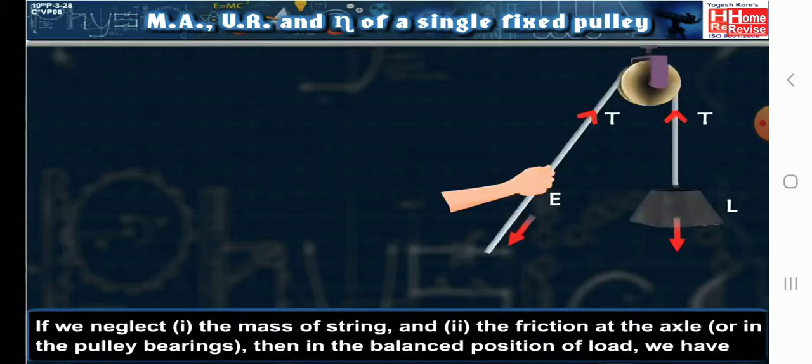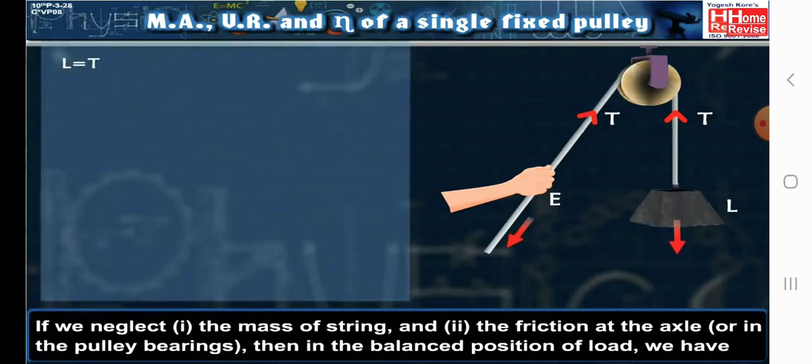Mechanical advantage, velocity ratio, and efficiency eta of a single fixed pulley. If we neglect first the mass of string and second the friction of the axle or in the pulley bearings, then in the balanced position of load we have L is equal to T. Let this be equation 1. And E is equal to T when the pulley is not rotating. Let this be equation 2.